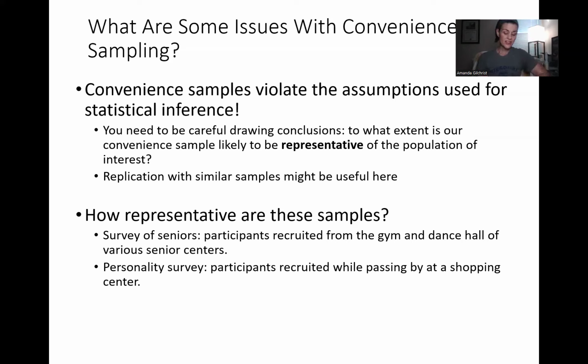If you go in the middle of the day, you might still see some of those people, but you're missing out on a lot of young adults and middle aged adults who might be working. If we're talking about a Saturday or a Sunday when most people do not work, we're probably going to get a more representative sample than if we get 10 o'clock on a Wednesday.